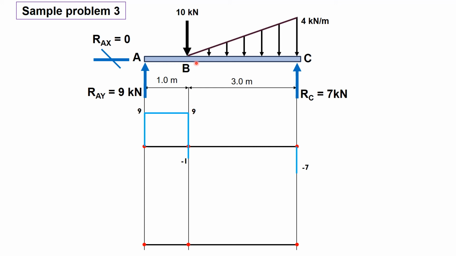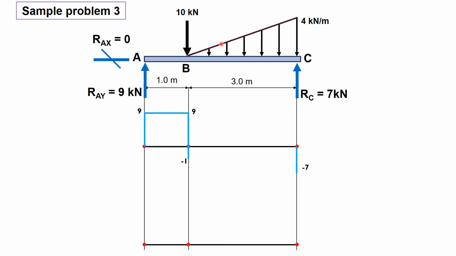So what about here? So meron tayo dito uniformly varying load. So what will be the line or the curve that will represent the shear diagram between B and C para dito?